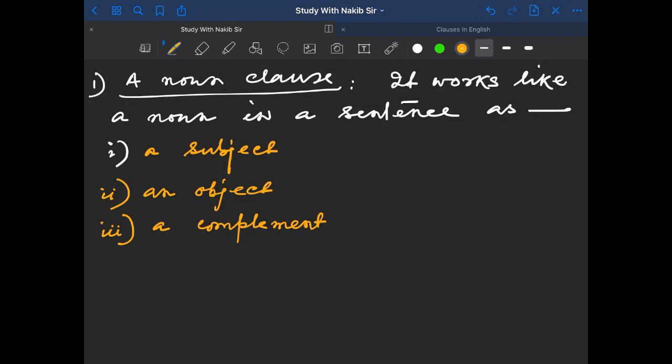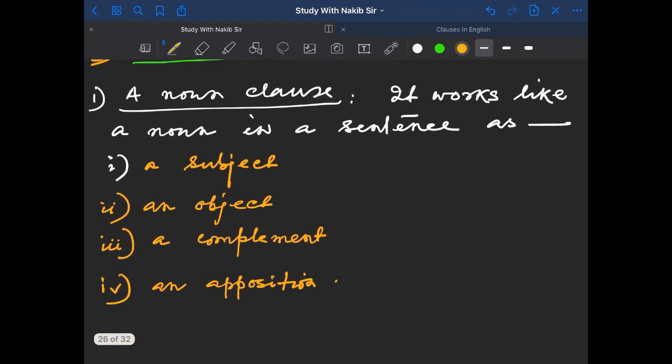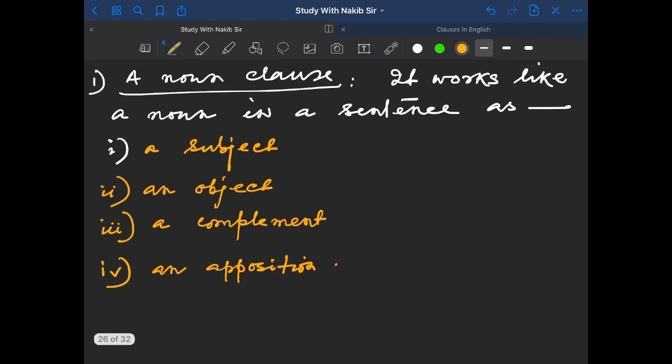And number four, an apposition. This subject is again divided into the actual subject and postponed subject. This object is the object of a verb and object of a preposition, and this complement is a complement of an adjective and complement of a verb, and this is an apposition, noun in apposition, you know.